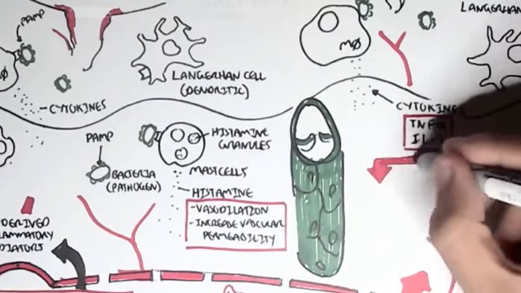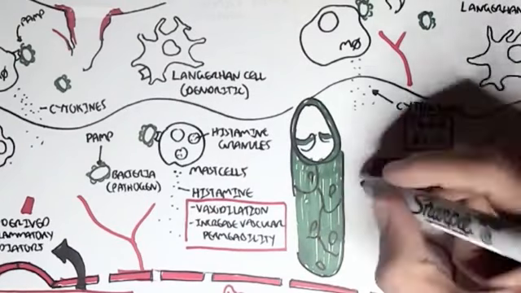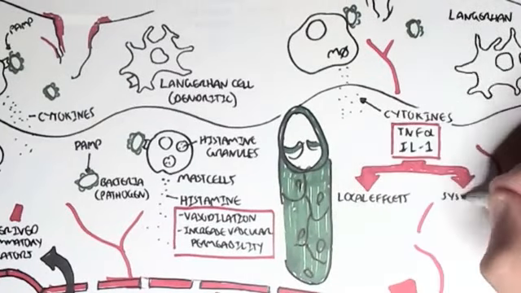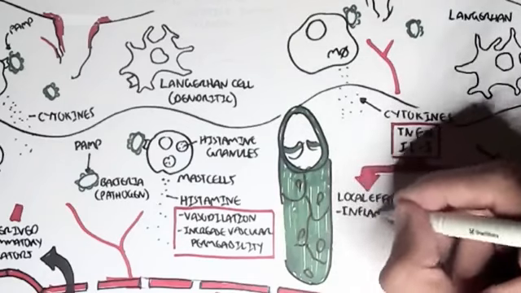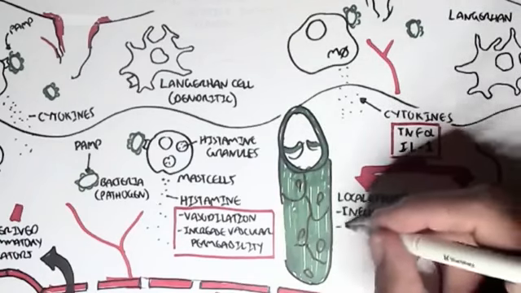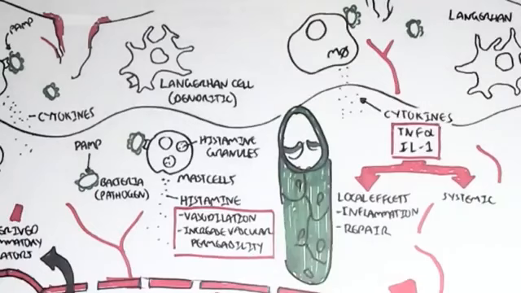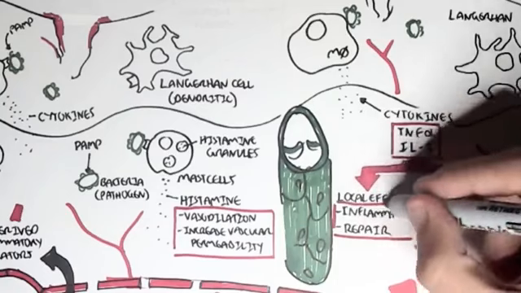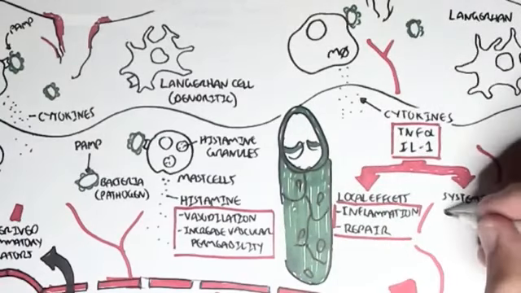These cytokines will cause a local effect and a systemic effect. The local effect being inflammation, which is vasodilation and increase in vascular permeability. The cytokines will also cause tissue repair by stimulating fibroblast activity.